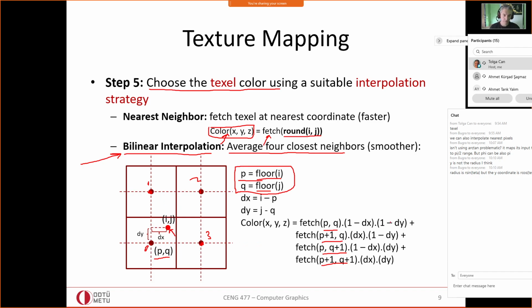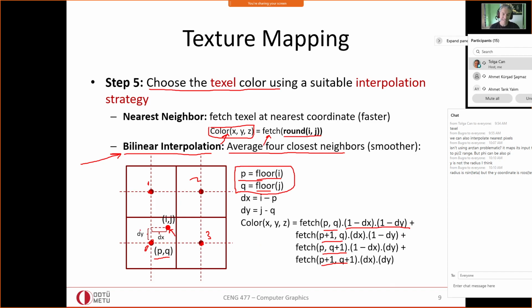And as you can see, it's done by 1 minus dx, 1 minus dy. If this point happens to be exactly at the center of a pixel, dx is going to be 0, dy is going to be 0.